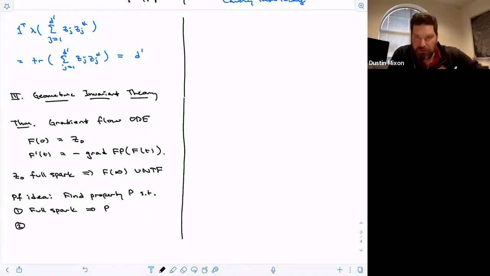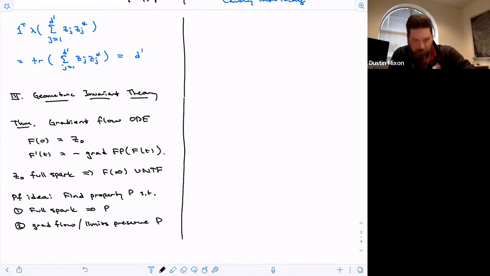It's preserved by gradient flow. It's also preserved by limits. And then finally, if you're a critical point that's not a minimum, then you do not satisfy this property.